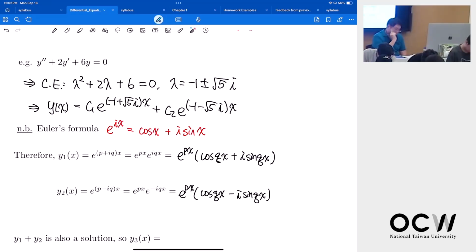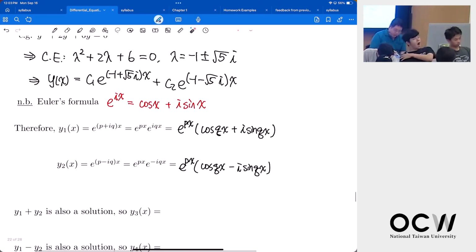Okay, and we know that y1 is a solution, y2 is a solution, so a combination of y1 and y2 is also a solution. So y1 plus y2 should also be a solution. Here we define y3 as y1 plus y2. This one plus this one, they cancel the imaginary part.